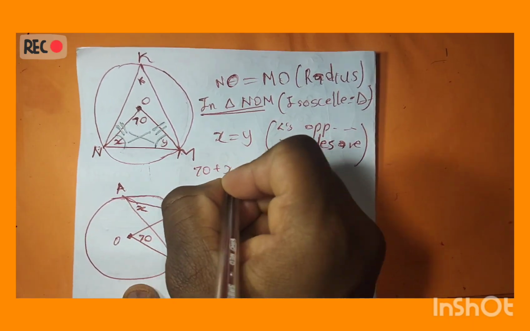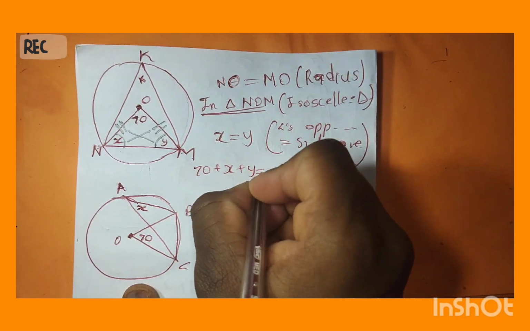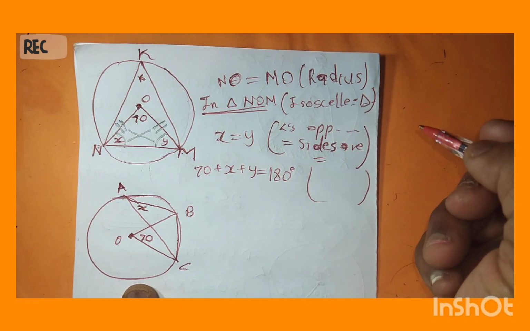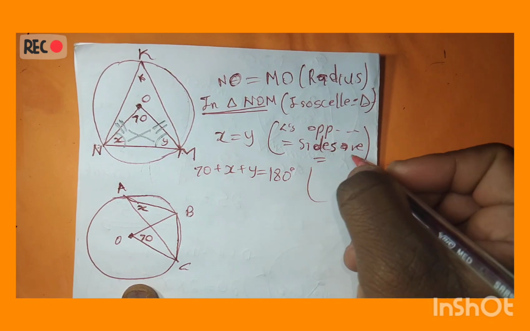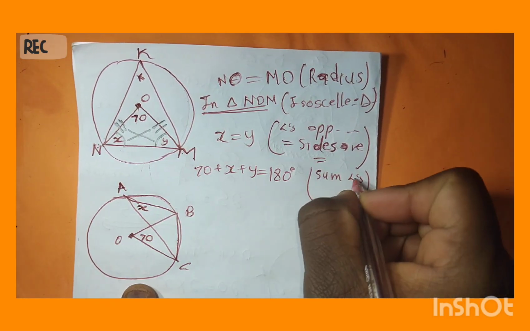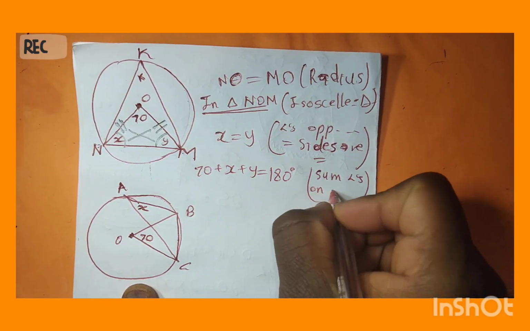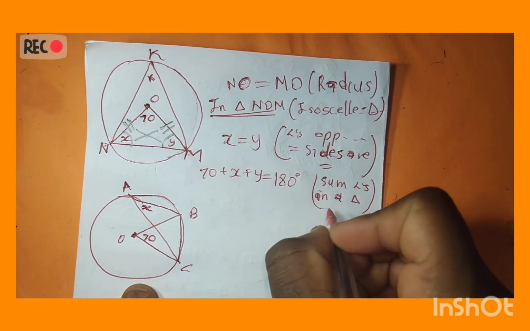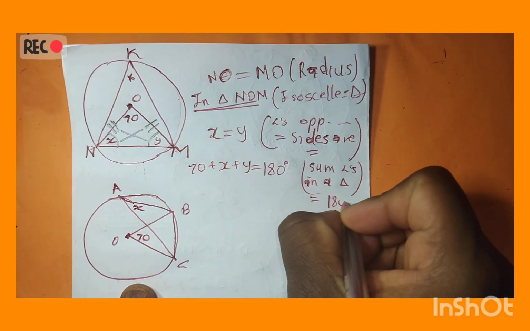This plus this plus this should give 180 degrees, because that is a triangle. The sum of angles in a triangle is equal to 180 degrees.